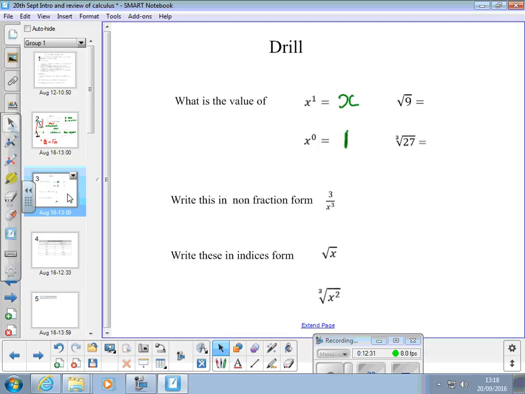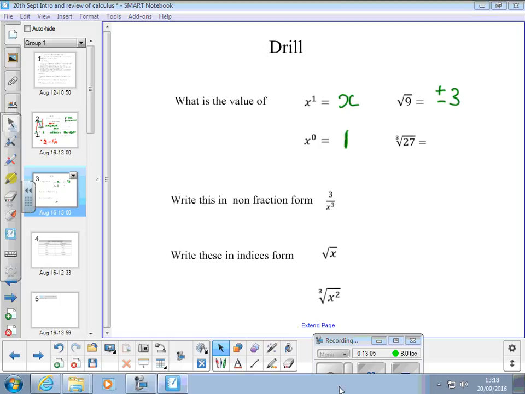What's the value of the square root of 9? Three. Think you need to qualify that any further? Plus or minus 3. Yeah. What about the cubed root of 27? That's 3.